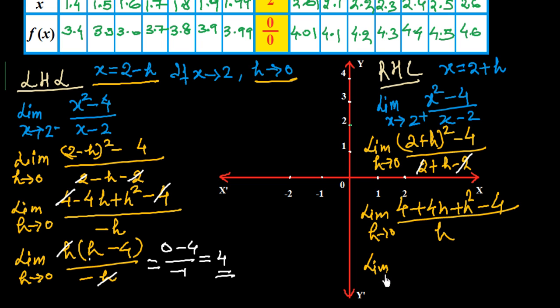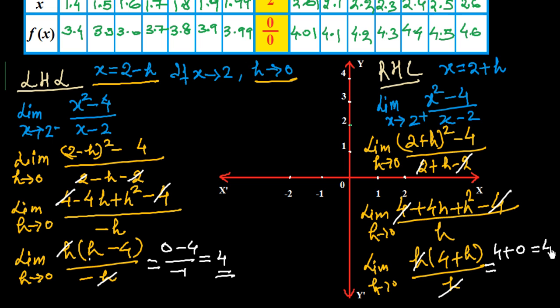So limit h tends to 0, here also 4, look at here, this 4 will eliminate each other. So here we are taking h common, and here 4 plus h we have now, and in the denominator there is h, and h will cut each other. Now we have 4 plus h. If we put h is equal to 0, 4 plus 0, which is equal to 4.